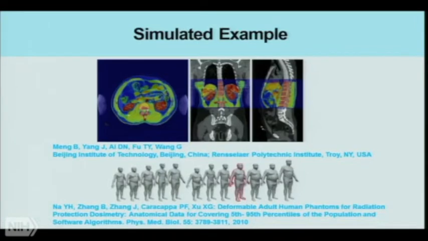And on the other hand, we can also rely on numerical simulation more. And last year at the Fully 3D meeting, our group suggested an approach. So we do a zero energy CT scan of an individual patient. Then we deform the zero energy CT scan onto the Visible Human Project.